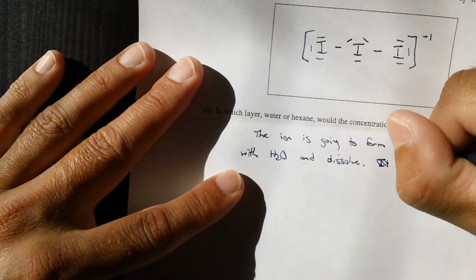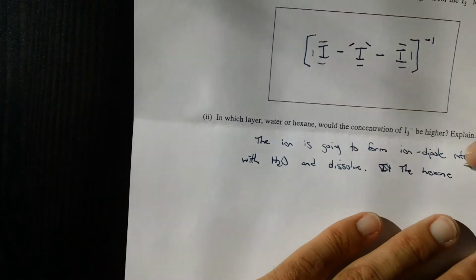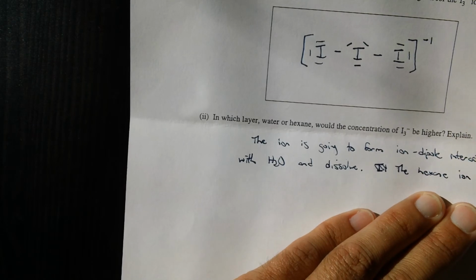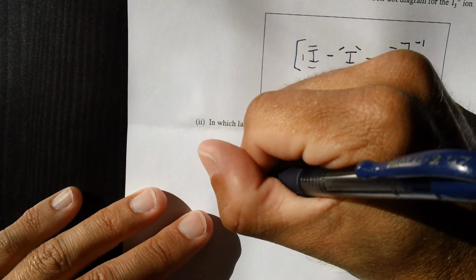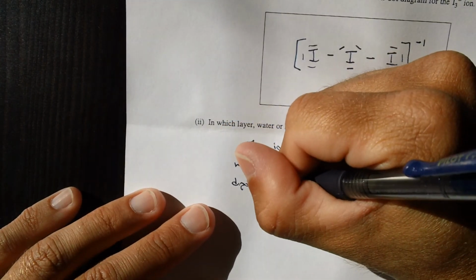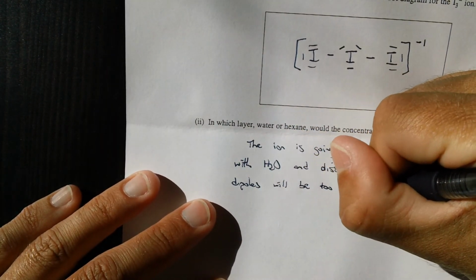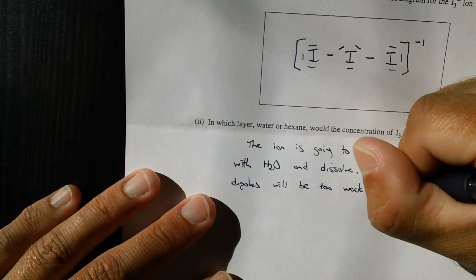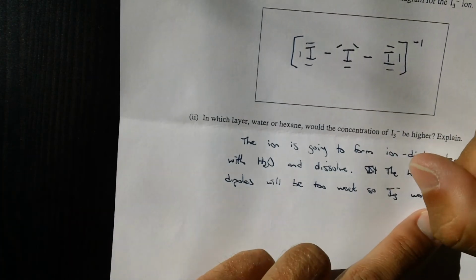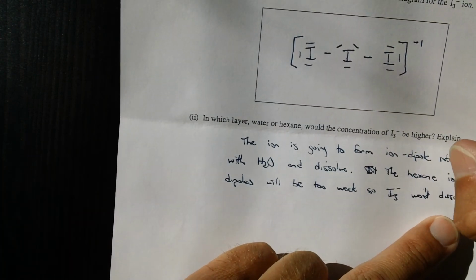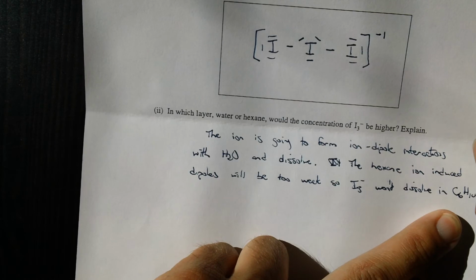I would put the hexane ion induced dipoles will be too weak, so I3 won't dissolve in C6H14.